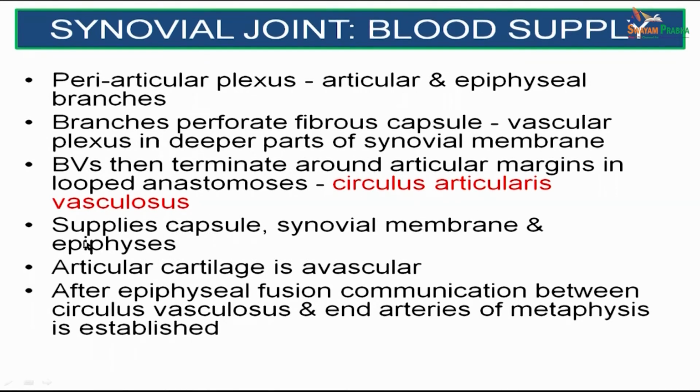This circle supplies the capsule, the synovial membrane and the epiphyses. The articular cartilage is avascular. So, this is important to remember that the articular cartilage does not get any blood supply. After the fusion of epiphyses, there is a communication between this arterial circle and the end arteries of the metaphysis.